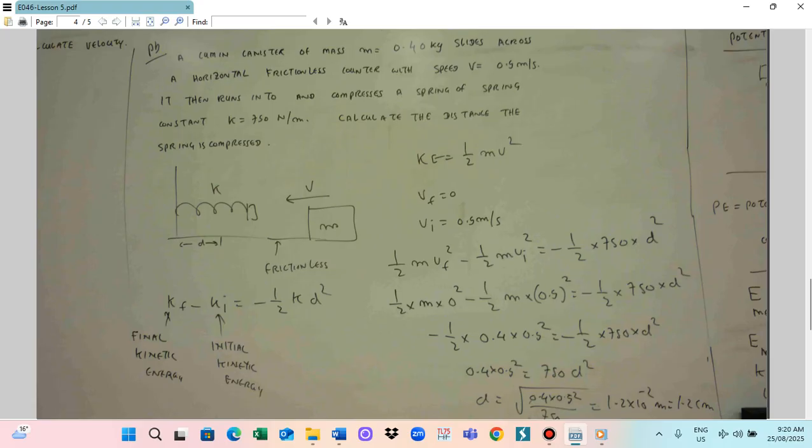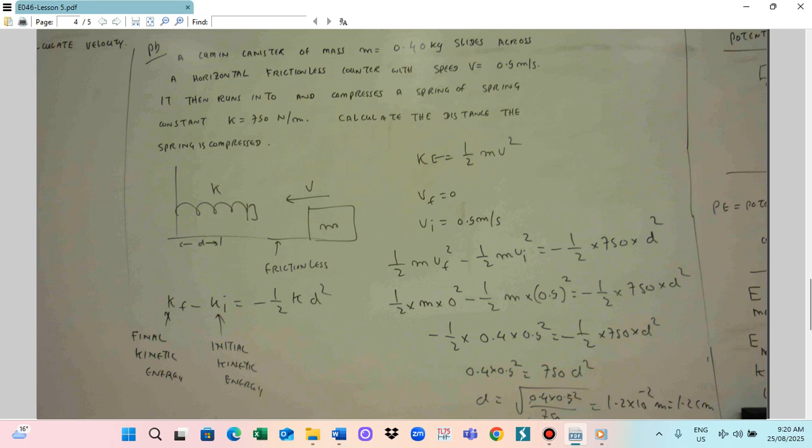In this case the final velocity is 0, so half m times 0 squared minus half m times the initial velocity 0.5 squared is equal to minus half into 750 into d squared.